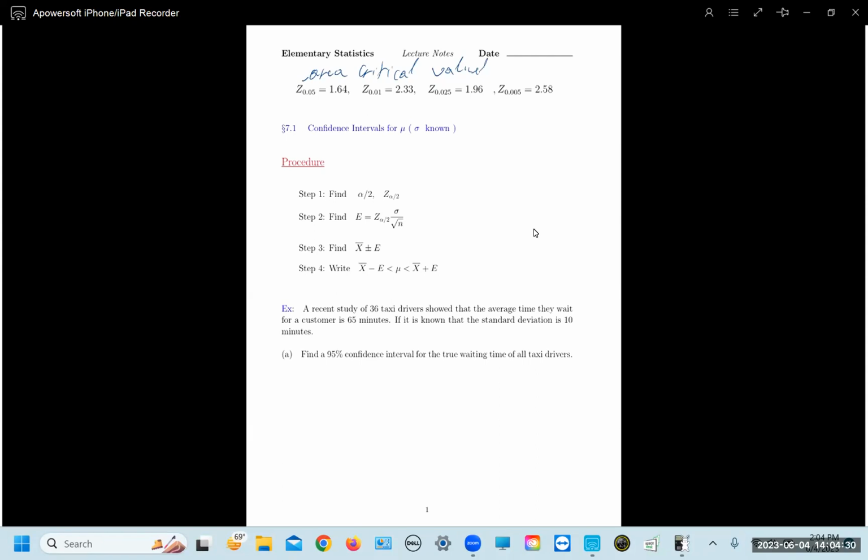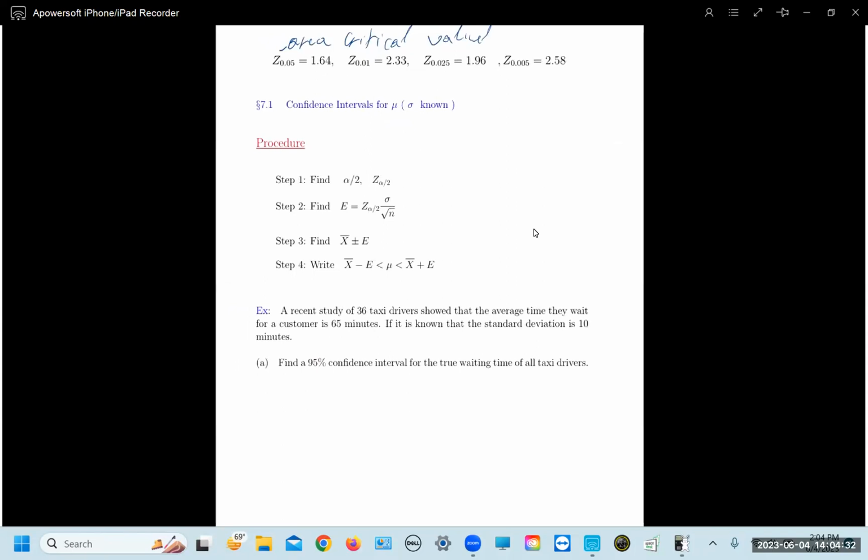So the procedure is the same thing, the same idea. So we have the bell shape, that we can get right here.